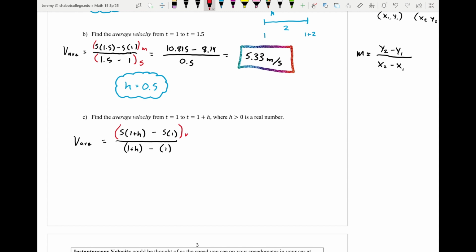Numerator is in meters. Denominator is in seconds. So this will simplify down to s of 1 plus h minus s of 1, over h, because the 1 minus 1 in the denominator just simplifies away.